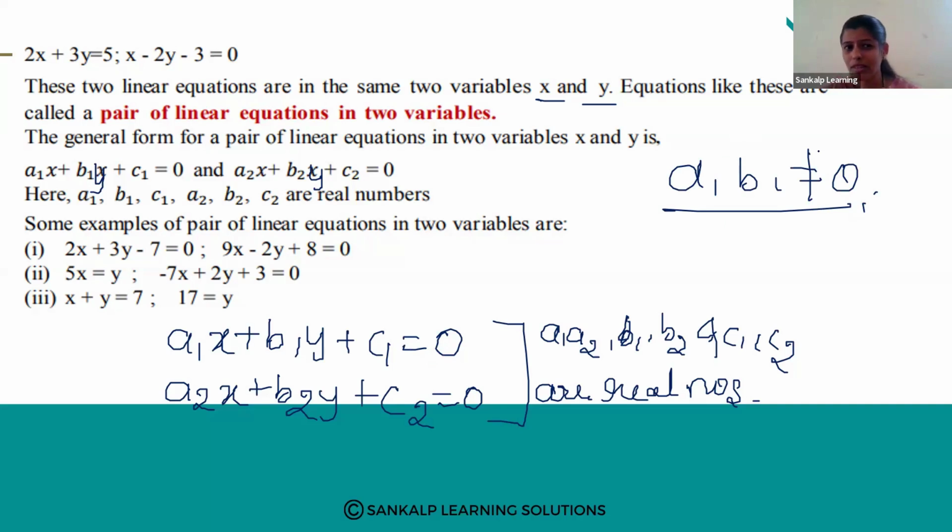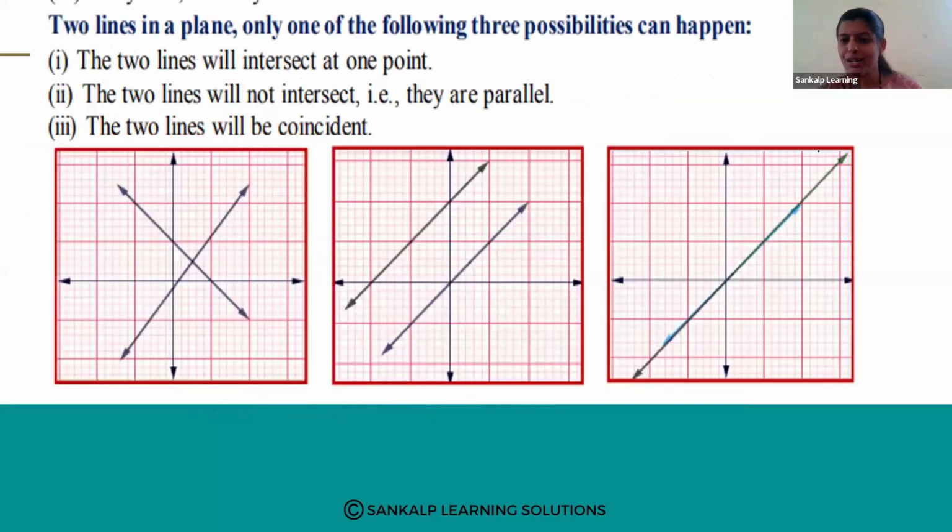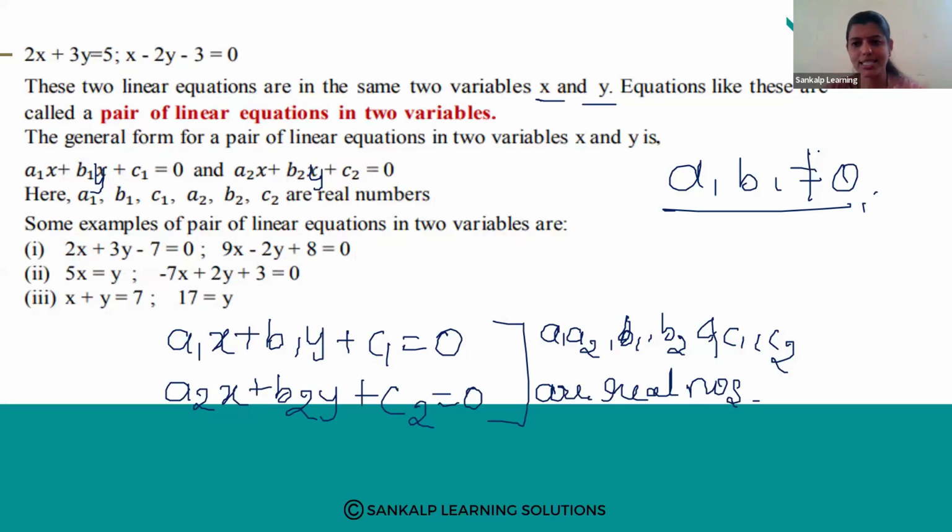Now, another important part we are going to discuss in this chapter is finding the solutions, right? In two ways, we are going to find out the solutions for a pair of linear equations. One method is the graphical method.